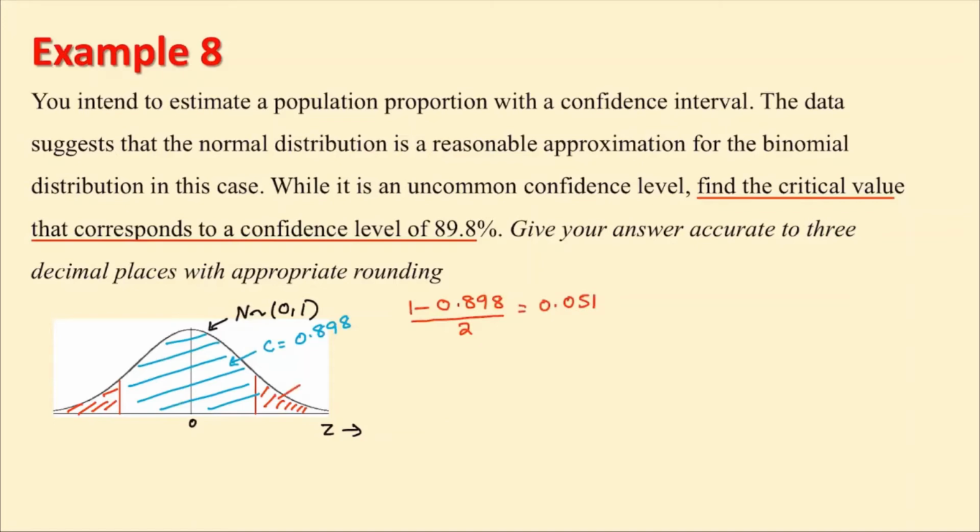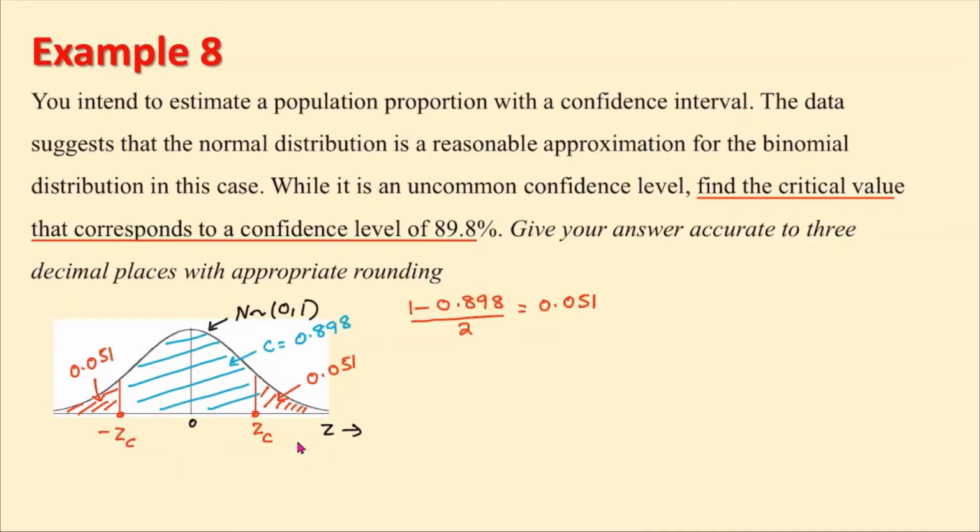So this area is 0.051. Similarly, this one will also be 0.051. And the value on the x-axis over here is Z critical, and the other one, which goes here, is the negative of that, so that is negative Z critical.